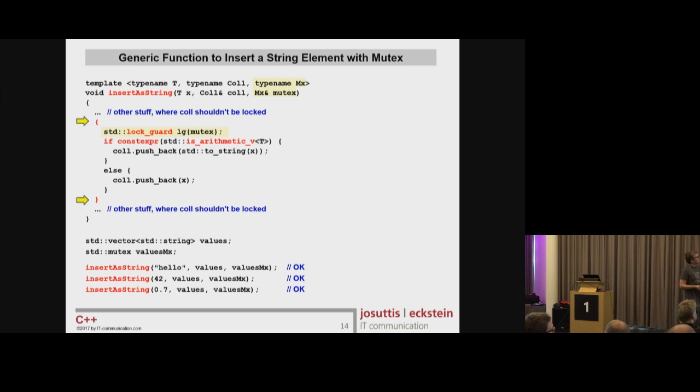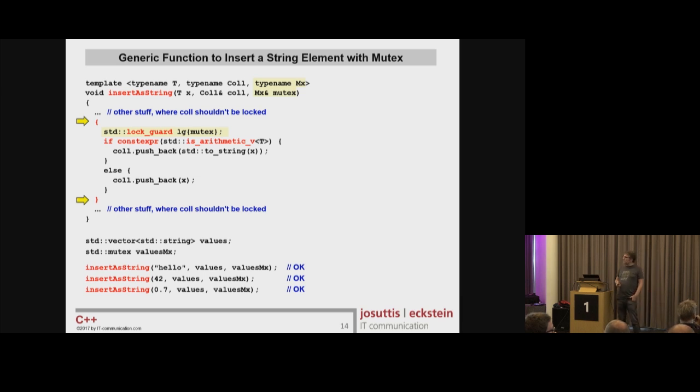So don't forget to put braces here, because we want to make sure that right after the pushback, because the lifetime of the lock guard has ended, the mutex is unlocked.